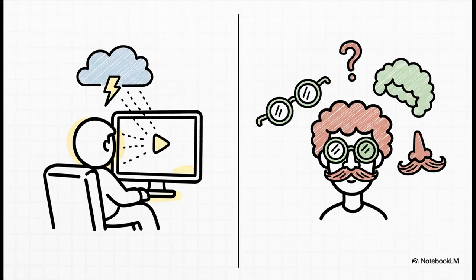And this is the perfect way to think about it. Using a cloud browser is like streaming a movie on Netflix. The movie file isn't on your laptop, right? You're just watching a secure feed from a server somewhere else. Now, using an on-device browser, that's more like wearing a disguise. You're still the one walking around town, but you're actively changing your appearance to look like someone or something completely different.